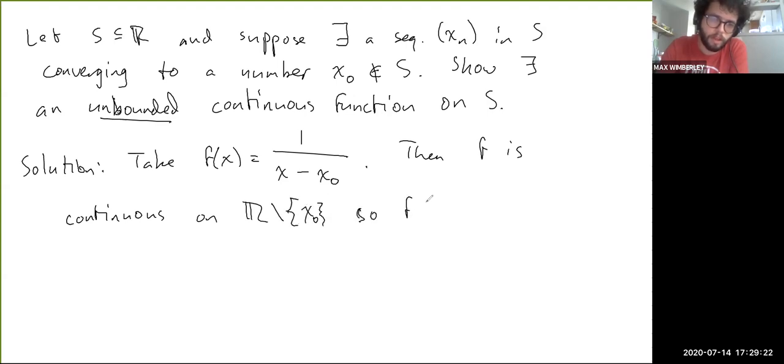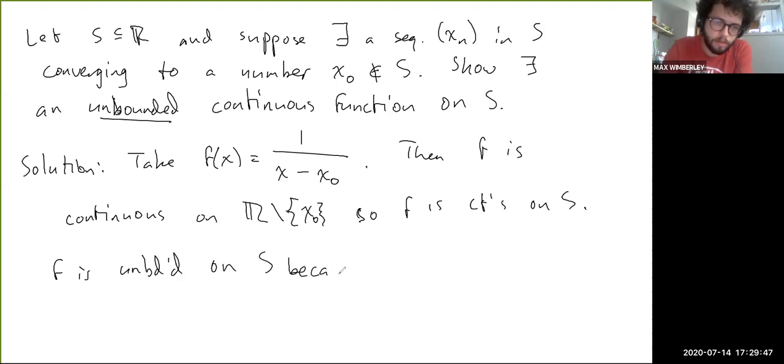So f is continuous on S, since S is a subset of this set here. And then f is unbounded on S, because f of xn is unbounded.